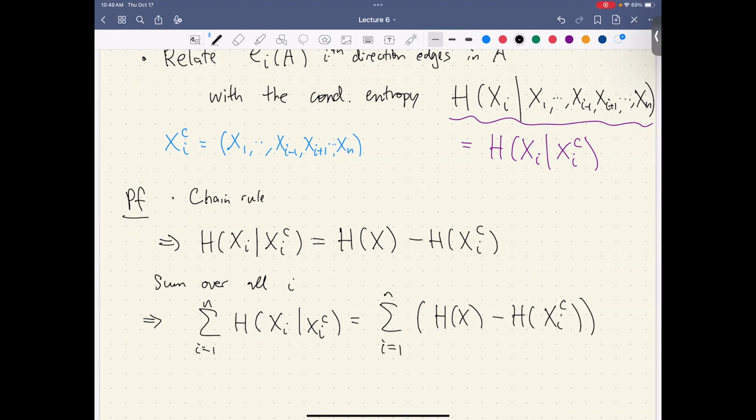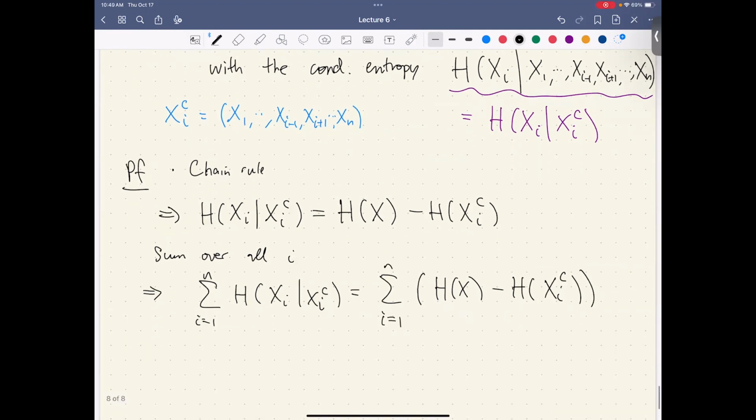And here is where we use Han's inequality. By Han's inequality, you can check this is at most the entropy of X. Simple application of Han's inequality. But we know the entropy of X is log |A|.